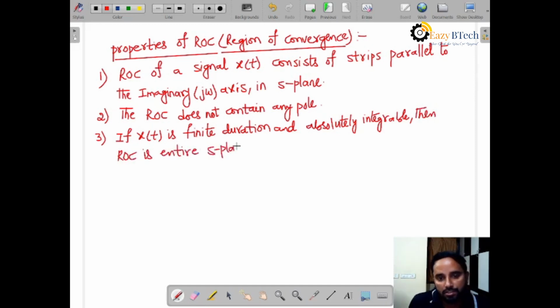So how is the ROC of this kind of signal? Finite duration and absolutely integrable, then ROC is entire S-plane. This is the third point.